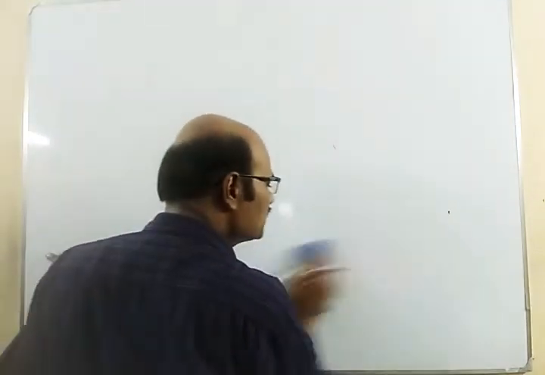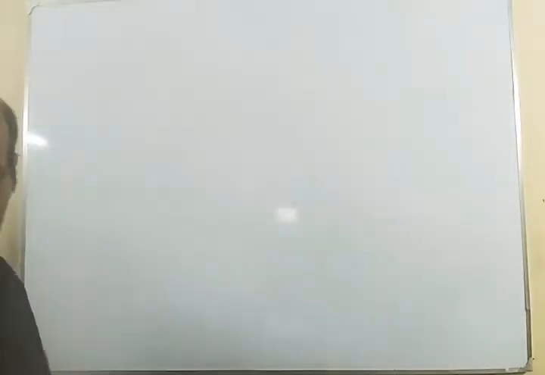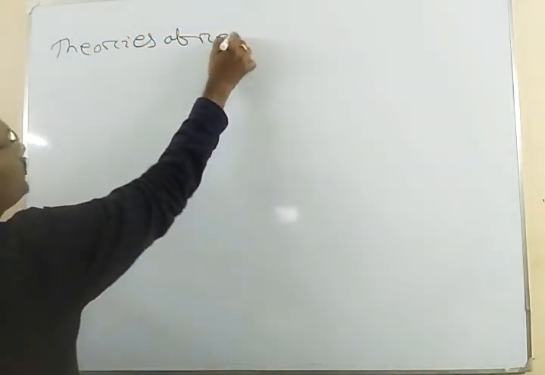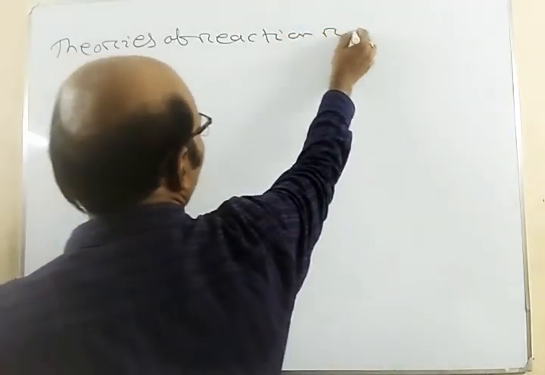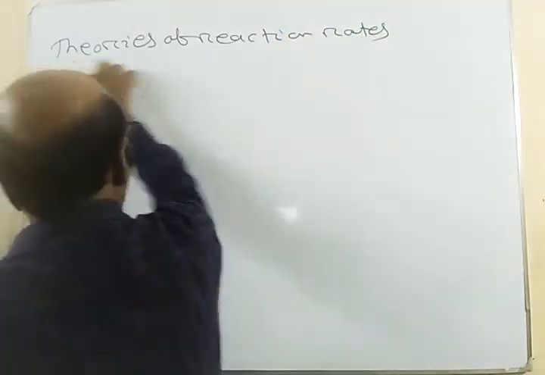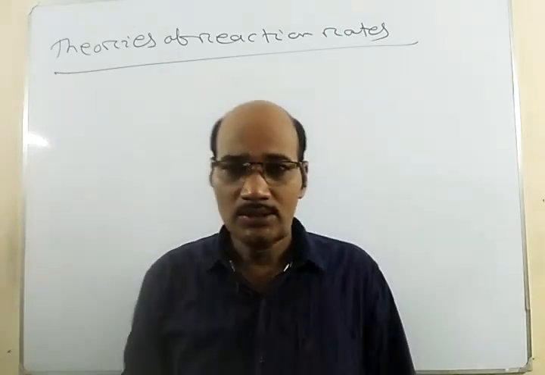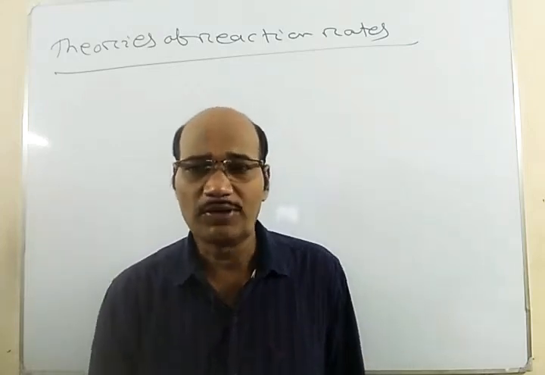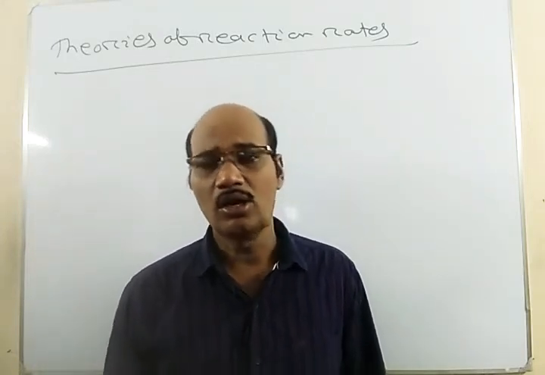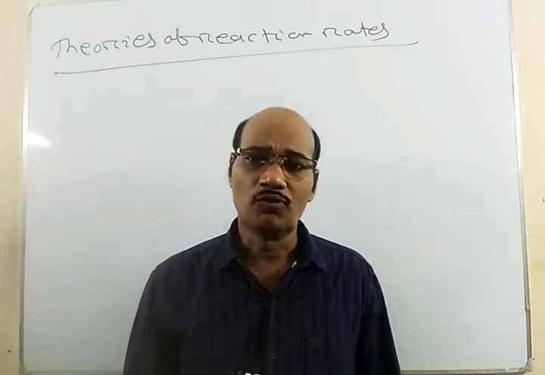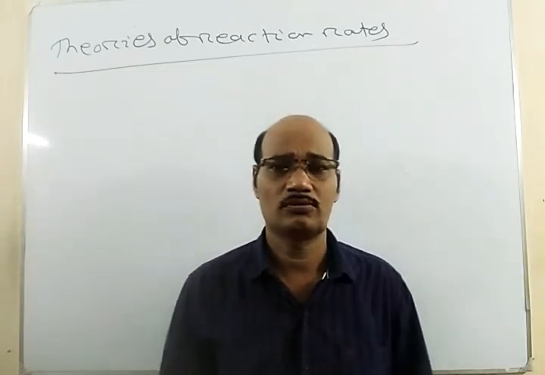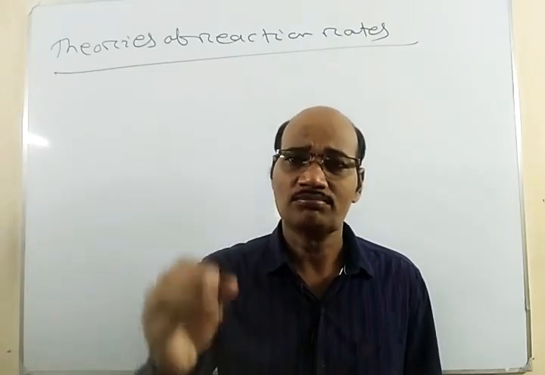Now today we discuss the theories of reaction rates. For a particular chemical reaction, whether first order or second order or zero order, whether the reaction is proceeding in one step or two steps or more than two steps, that is practical.